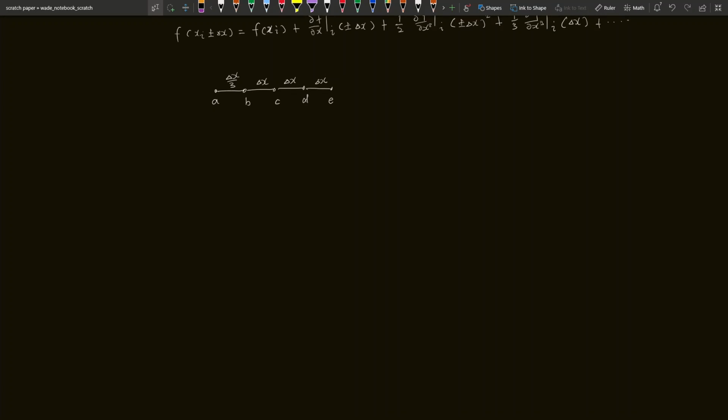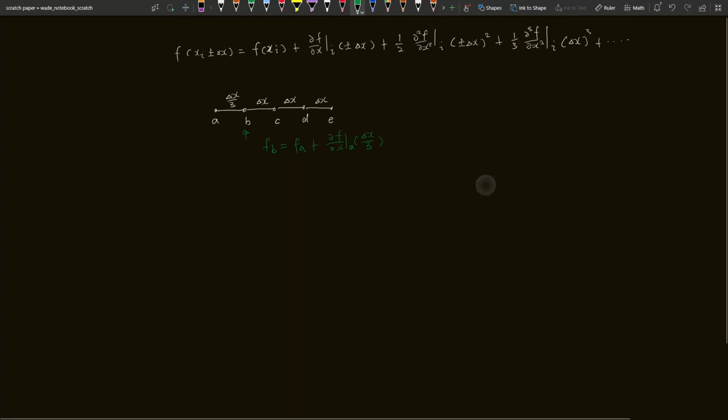So for the function value at point B, we can write it as f(B) equals f(A) plus the first derivative of f at point A times delta x over 3. Basically, we are writing this based on the Taylor series expansion.